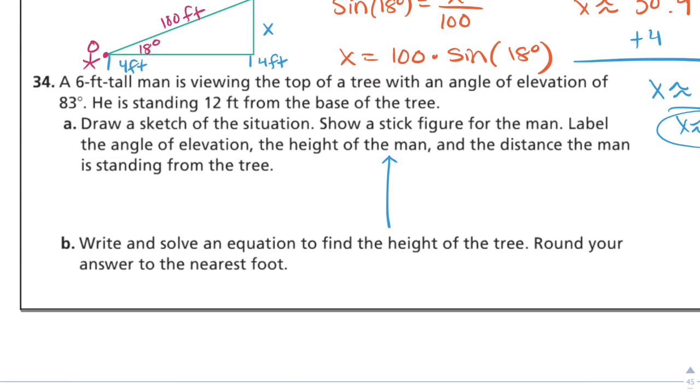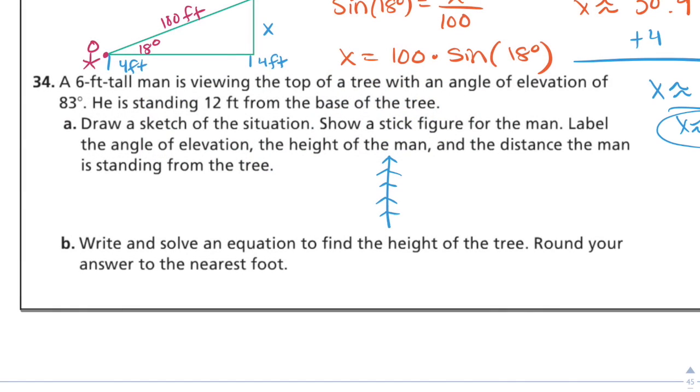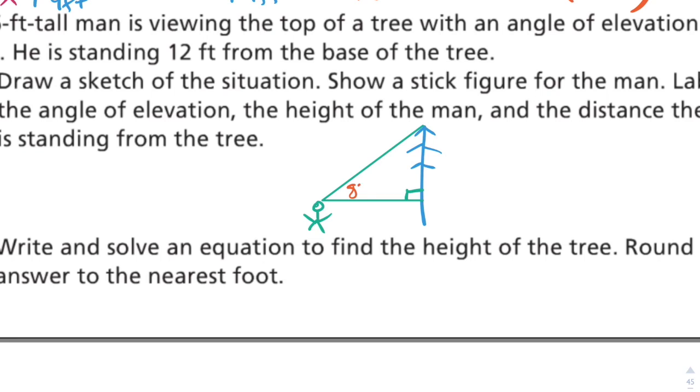Here is our tree. Perfect. A pine tree. We have a person down here looking up at the tree. We have an angle of elevation of, it said, 83 degrees.